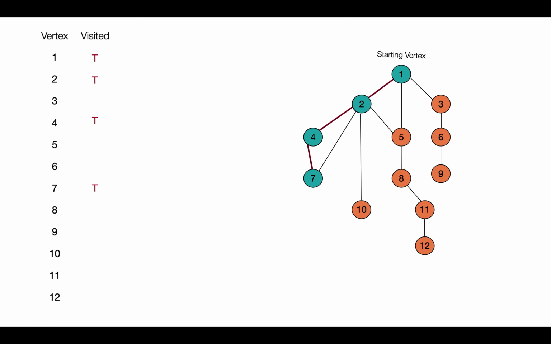No, 4 does not have any branch. So again, the execution gets back to the previous node, which is 2. So it gets back to 2 and looks for the branches. It finds 10, again gets back to 2, and then moves to the next branch. So this goes on.